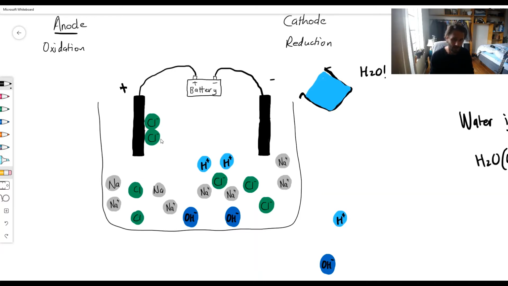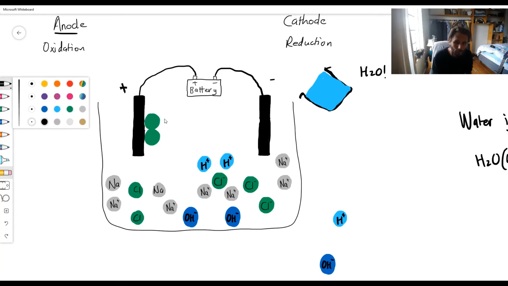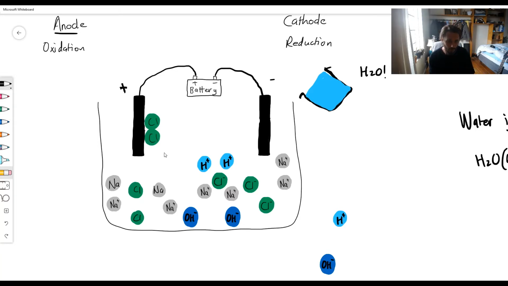So these negative charges go away and the chlorine gas then floats to the top. What we can actually do is turn these into not ions, but chlorine gas. So Cl2, this is a diatomic molecule, and this whole thing floats to the top like a gas. Perfect. So let's leave the gas up at the top there.